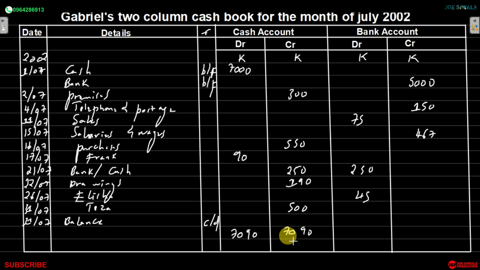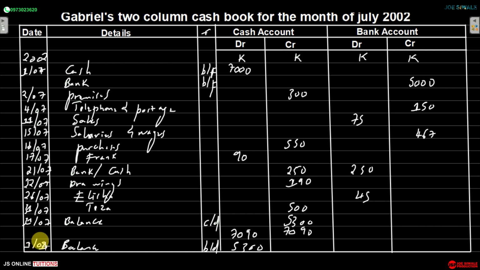So the answer there is going to be 5300. So here we can say our balance brought down is going to be 5300 on the debit side, and this will be in the next month. So the first day of the next month, which is 1st of August.